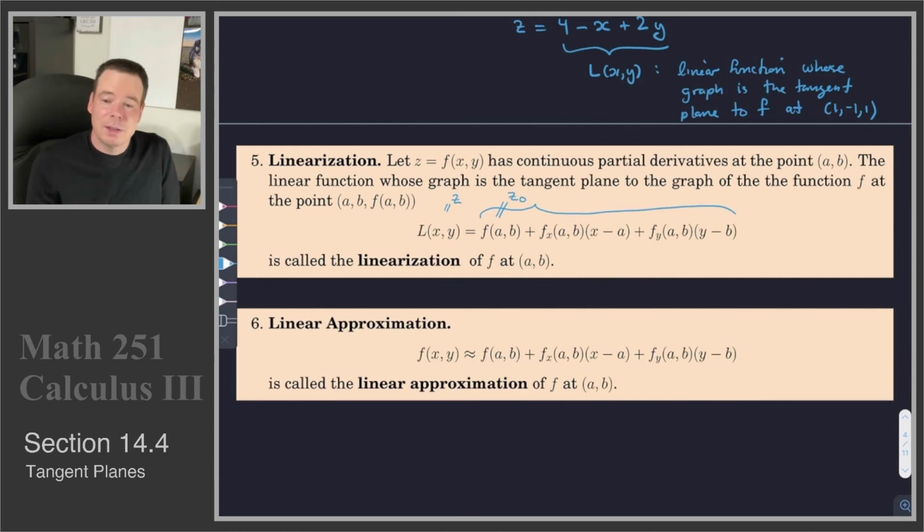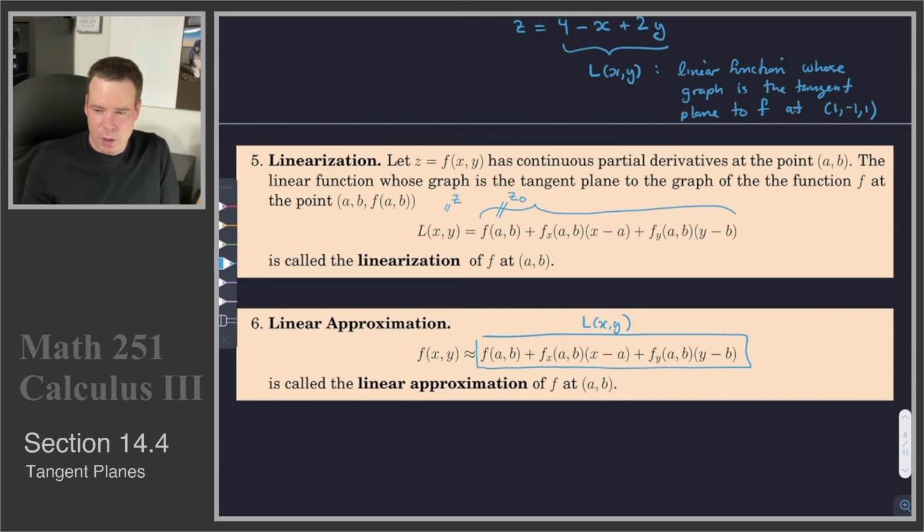When we use this linear function to approximate the function f itself near the point, that's a technique known as linear approximation. Here we've got our linearization, L of xy, and we can use it for values of xy near the point we took this linearization at.